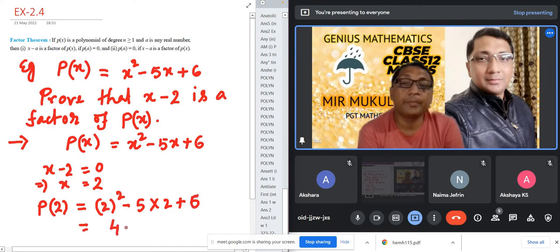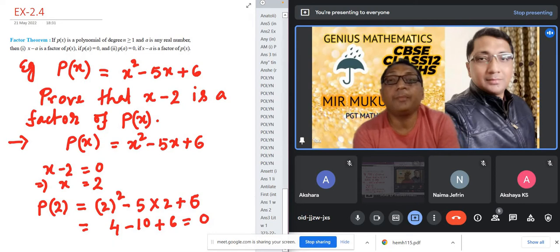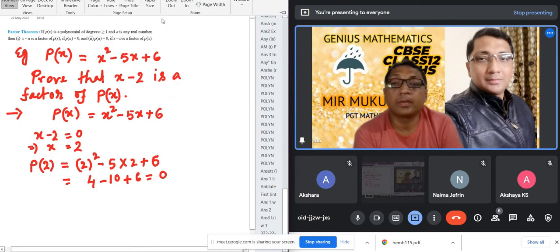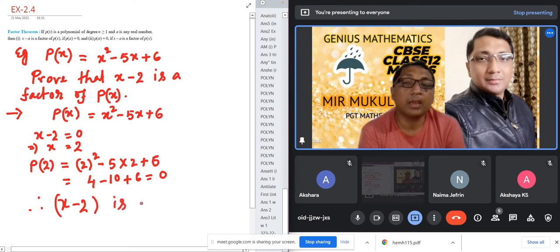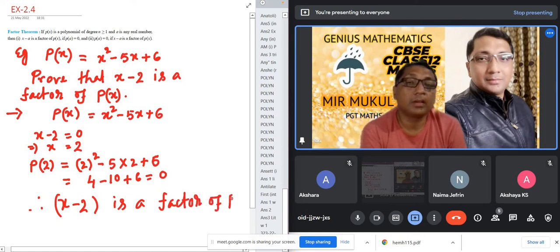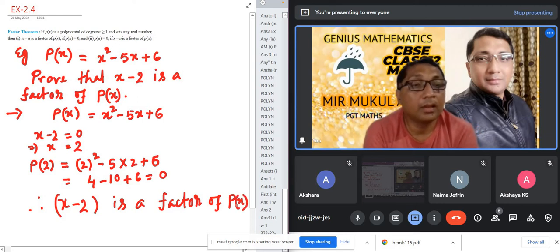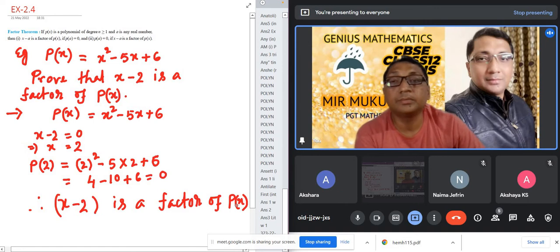So here 4 minus 10 plus 6. So it is 0. If you get 0, we can say that x minus 2 is a factor of p(x). Understood? Akshara, understood? Yes, sir.